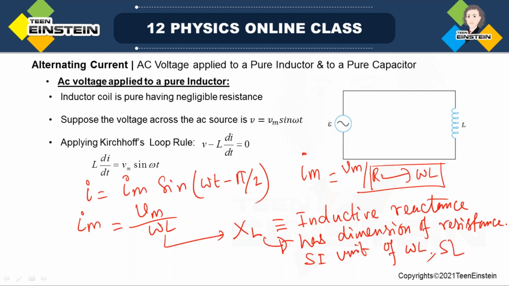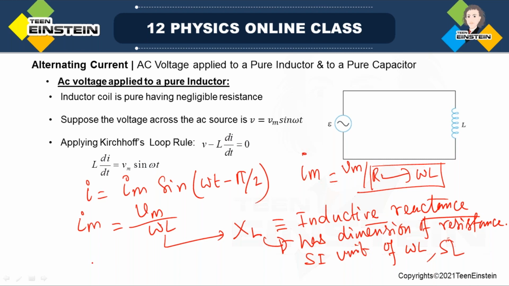Okay, ohm. This is a symbol of ohm actually. So as you know, resistance has SI unit ohm. So inductive reactance is denoted by X suffix L. It is called inductive reactance, similar to resistance in the pure resistive circuit.